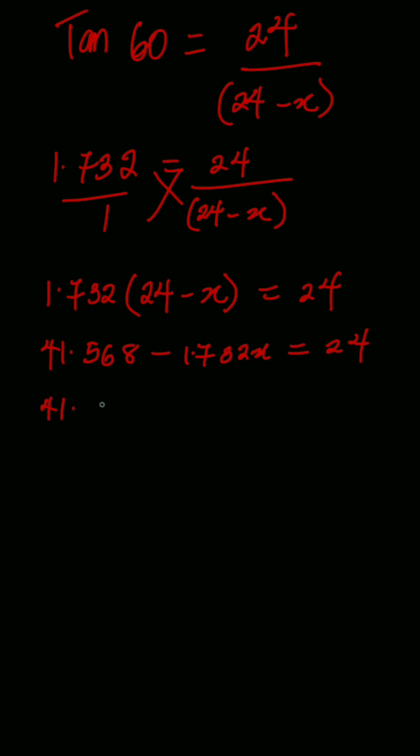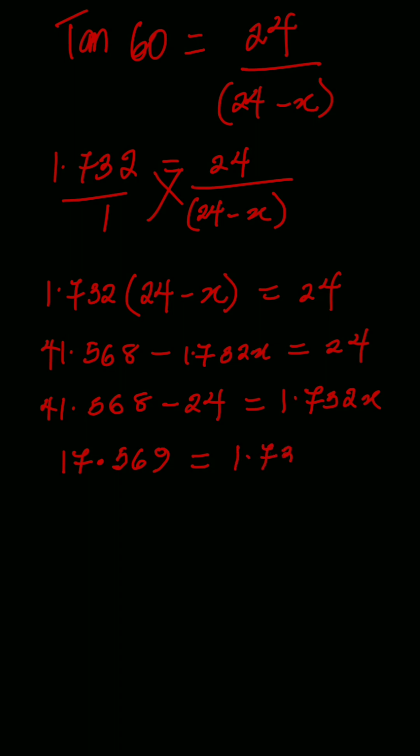So collect your like terms. We have 41.568 minus 24, and when we take this to the right hand side, we have plus 1.732x. So let's get the difference. The difference here is 17.569 equals 1.732x.